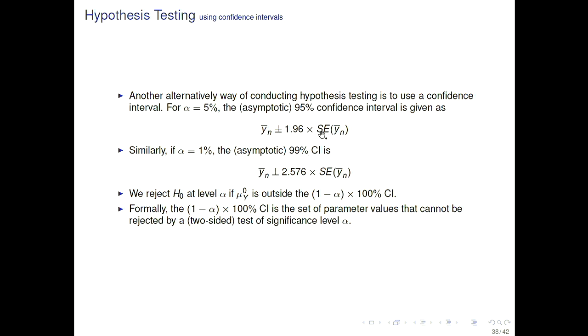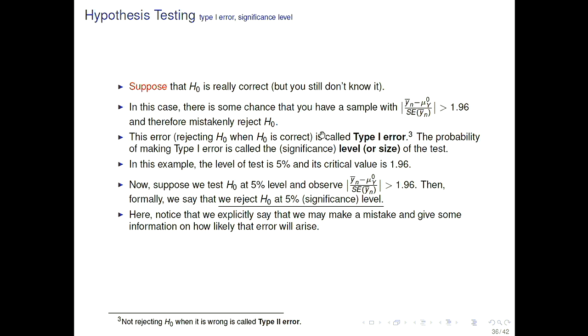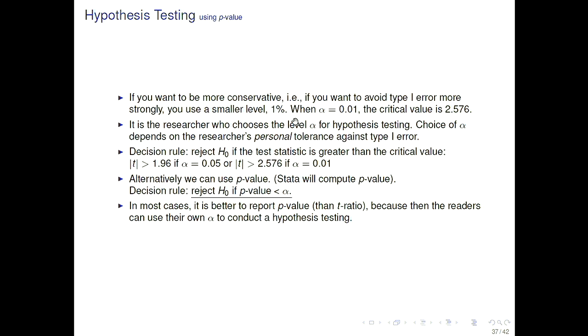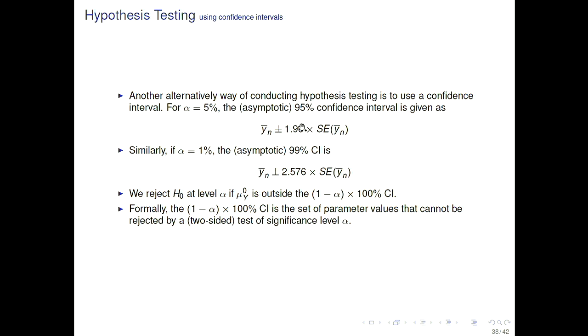Actually, this formula comes directly from this expression. If you are interested, then you can derive, using this result, the formula for confidence interval, but I am not going to do that. This is not a difficult job, but this is just a review, so I'm not going to do that.